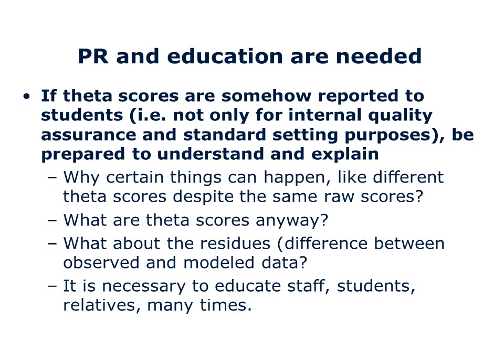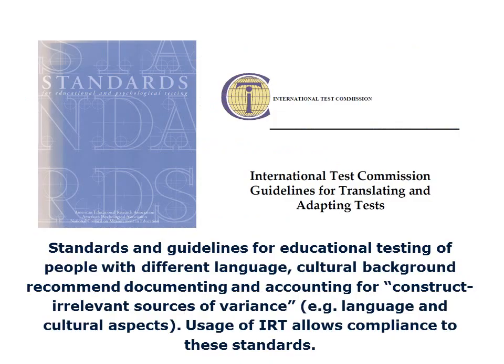For example, why certain things can happen, like different theta scores despite the same raw scores. What are theta scores anyway? What about the residuals, the difference between observed and modeled data? So it is necessary to educate the staff, the students, and the relatives not only one time, but many times.